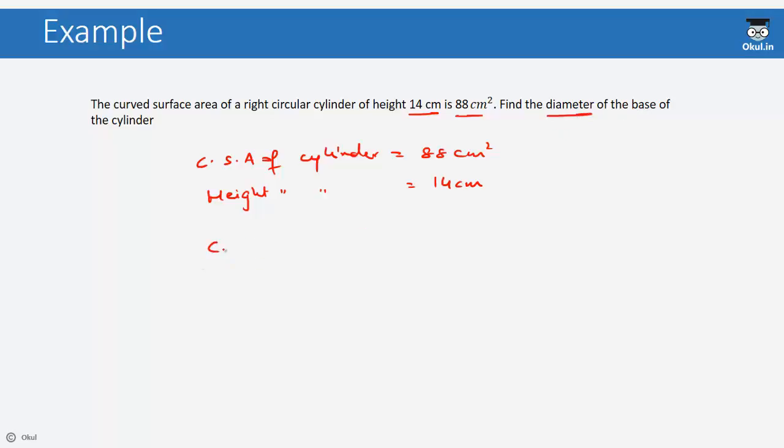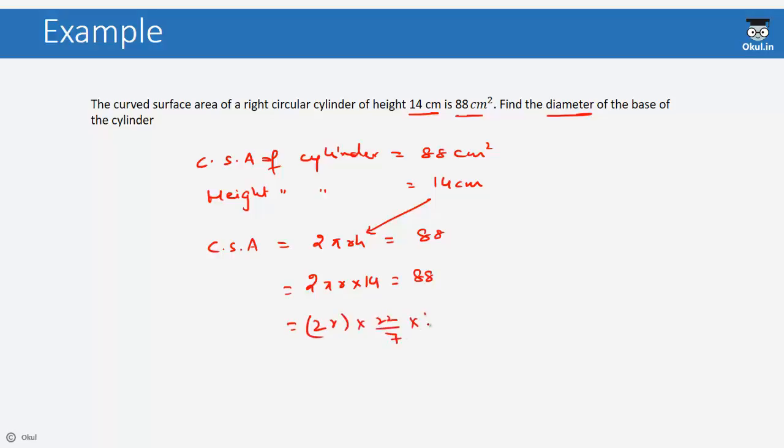So we have the curved surface area of the cylinder, and what we need to find is the diameter of the base. The curved surface area of the cylinder is equal to 2 pi r h, and this is equal to 88 centimeters square. So we can put the values that we know already. CSA is equal to 2 pi into r into h, which is 14 centimeters, and this is equal to 88. We can calculate r by this.